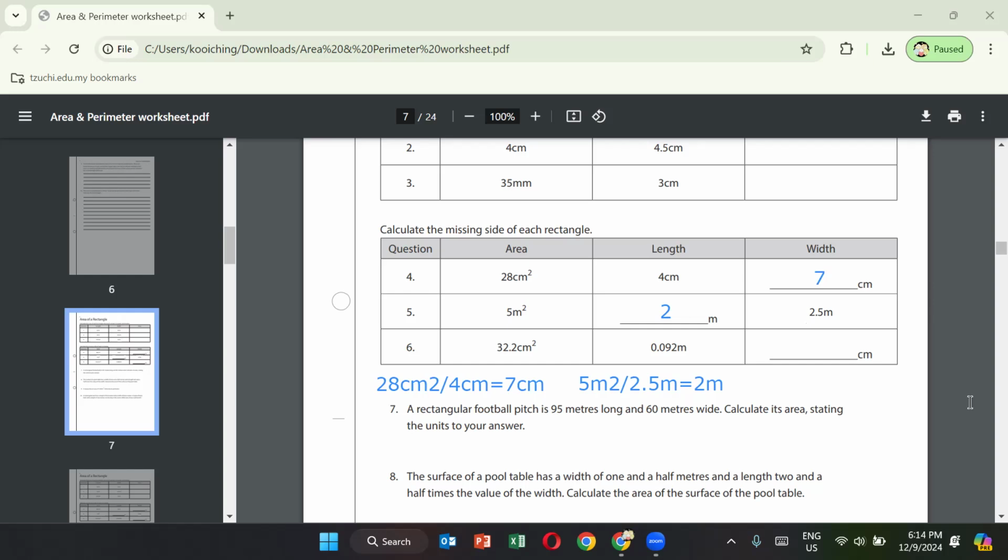And for question number 6, the area is 32.2 cm square, while the length is 0.092 meters, and the width is unknown. So we could see that the units are different, one is centimeter square and one is just meter.